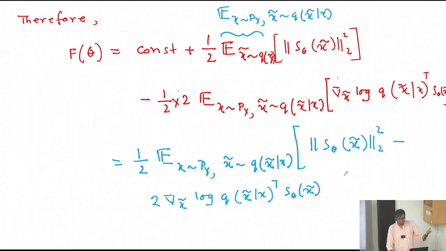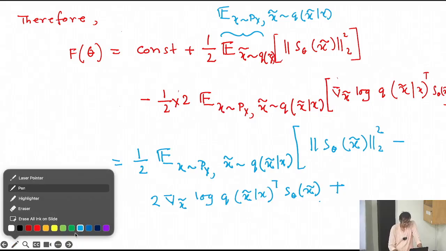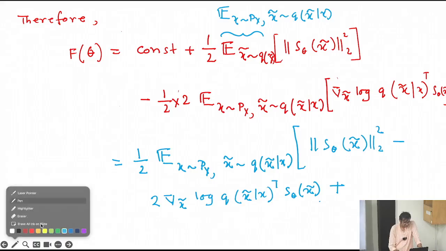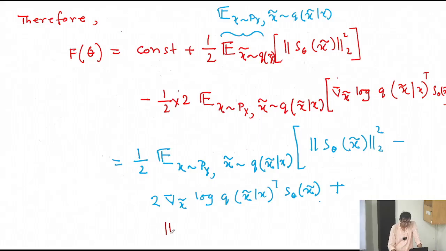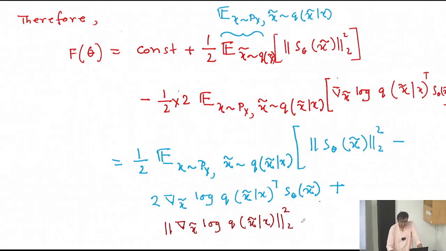What is the other term, your a square or b square, whichever you take as a? Correct. Norm of that, right? Plus norm of grad of x tilde log q x tilde given x, and that is the extra term I am giving. So to subtract that also, minus the same thing.